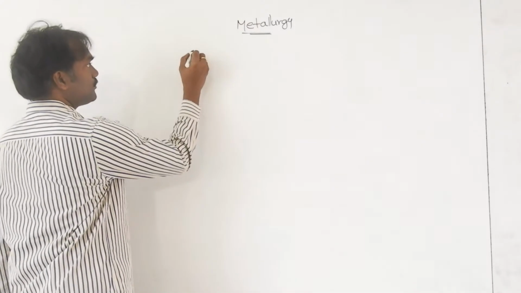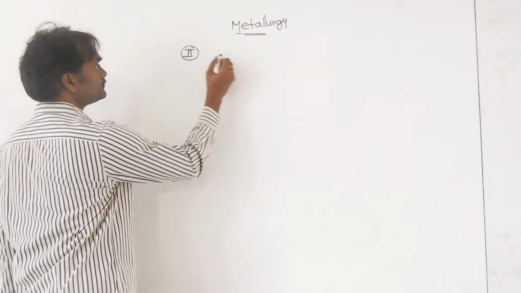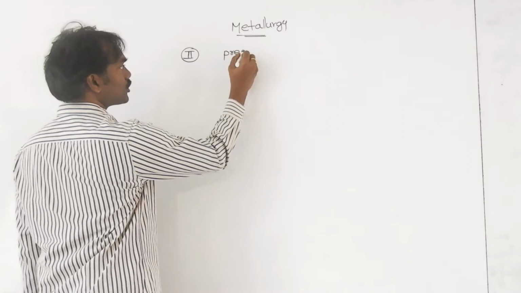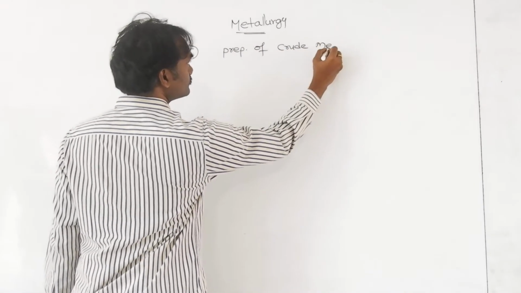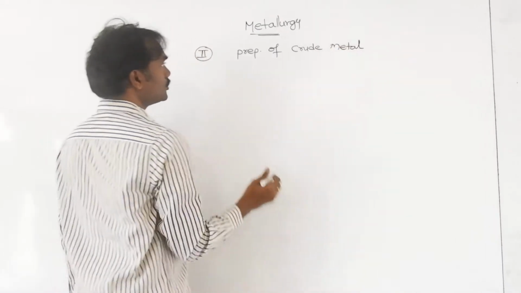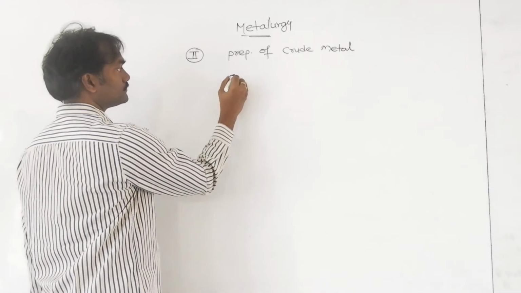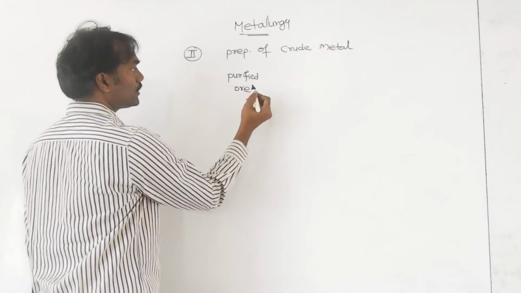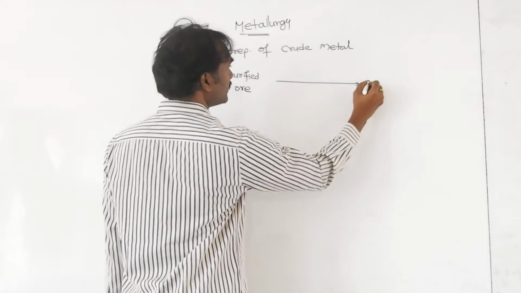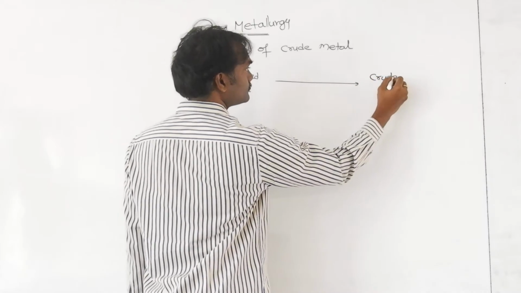The second process in metallurgy is preparation of crude metal, where purified ore is converted into crude metal.